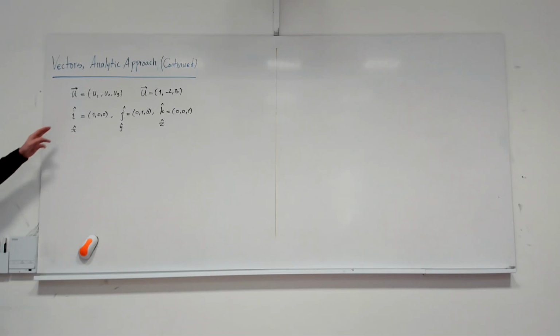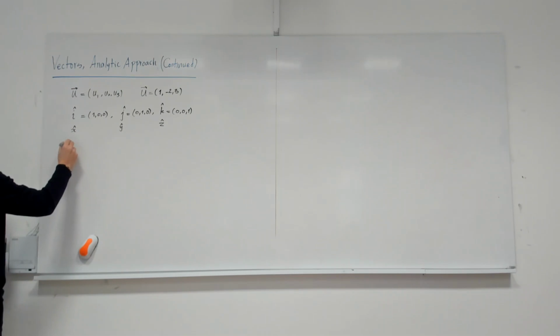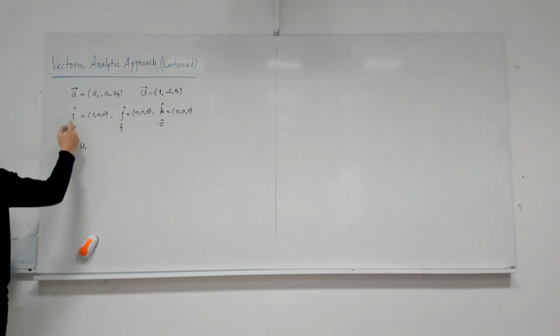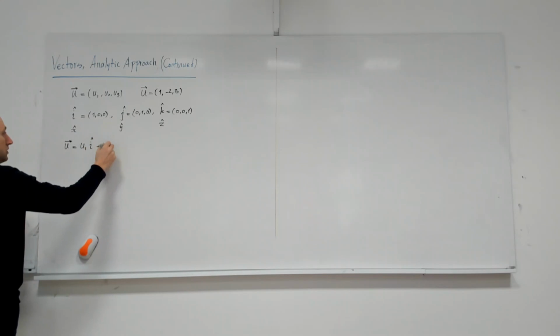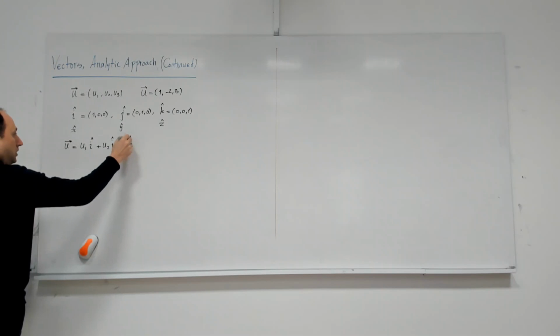The good point about these three vectors is that every vector you have, you can write as a linear combination of them. If I give you a typical vector like this, I can write it as the first component multiplied by i hat, the second component multiplied by j hat, and the third component multiplied by k hat.